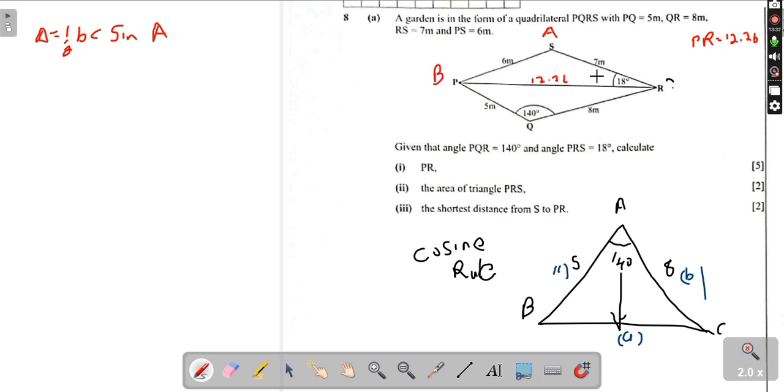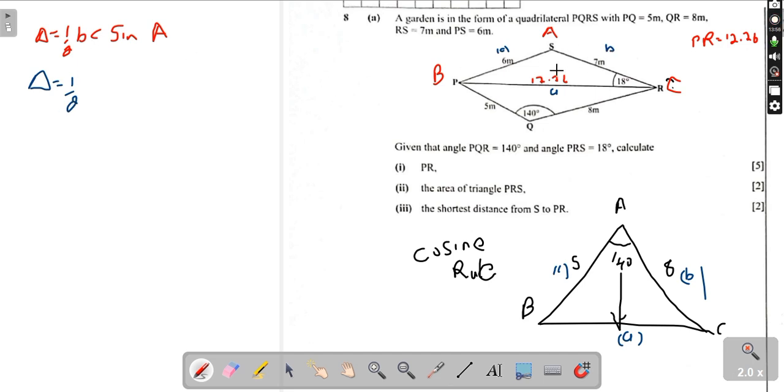Just doing what we did previously, we can replace with the actual letters. So we know this is still small letter A, this is small letter B, this is small letter C. It's really good to understand the concept and how these things work. So it's going to be half.